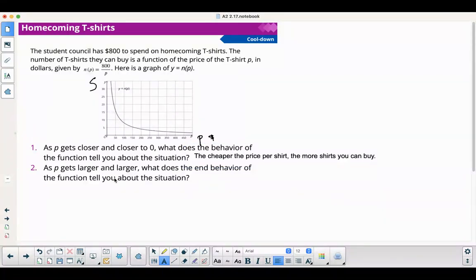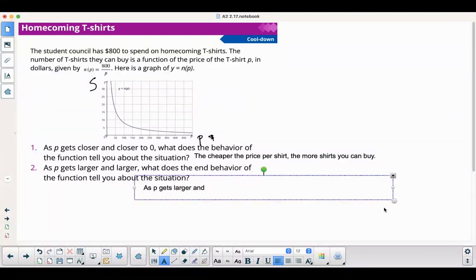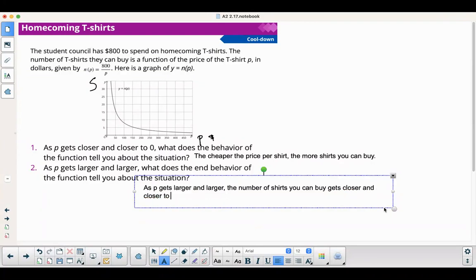As P gets larger and larger, what does the end behavior of the function tell you about the situation? So P keeps getting bigger and bigger. I would say as P gets larger and larger, the number of shirts you can buy gets closer and closer to zero.